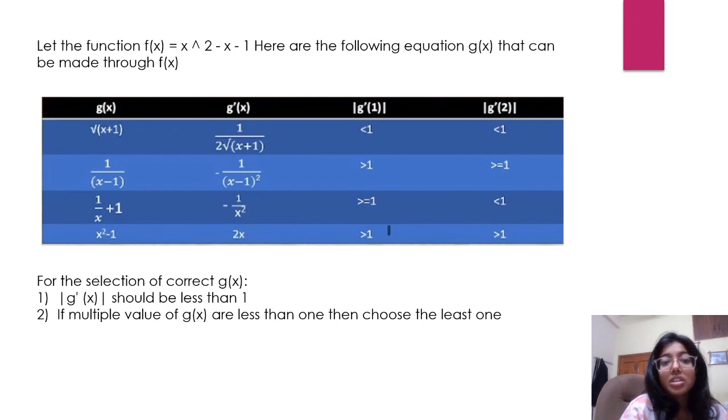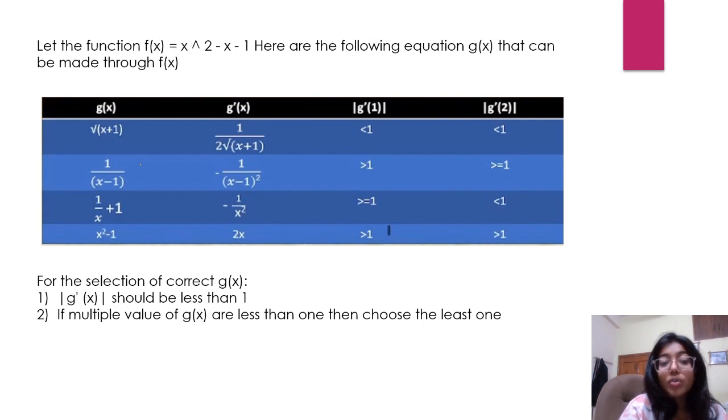When we take the first derivative we get 1 upon this value, and then g dash of 1 is less than 1, g dash of 2 is also less than 1, for this equation it is greater than 1, and for here it is greater than or equal to 1. Here it is greater than or equal to 1, or here less than 1, greater than 1 and greater than 1.